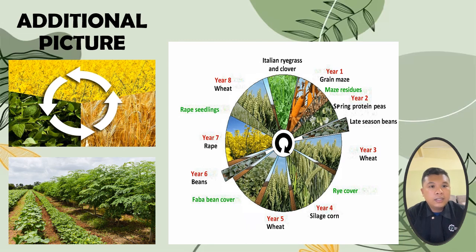Year 1 you planted a grass mat, year 2 you planted a spring protein pea for the late season beans, year 3 planted wheat, year 4 planted seeded corn, year 5 planted wheat, year 6 planted bean, year 7 planted rape, and last year 8 planted wheat. So the other picture shows the rotation of the crop, as you can see.